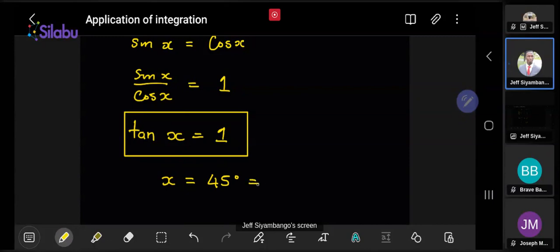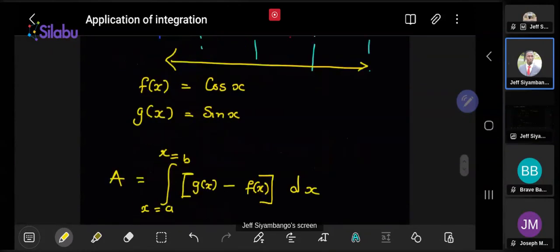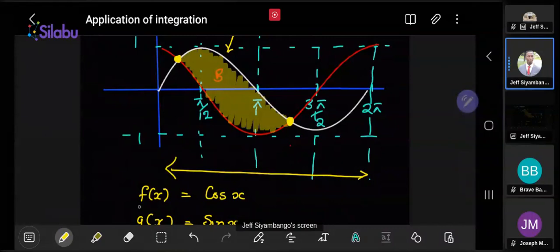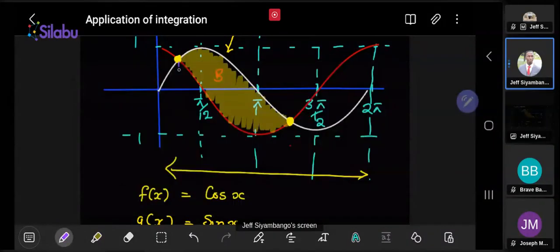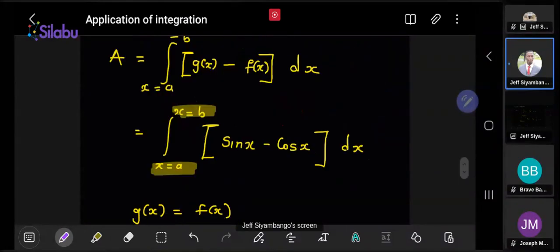In radians, this is just pi over 4. But we expect two values, because when you look at this graph, you expect 2 points. The 45 that we found is just the first point, pi over 4. But how about the second one? Where is this one? How do we find that second one? How would you get that one?